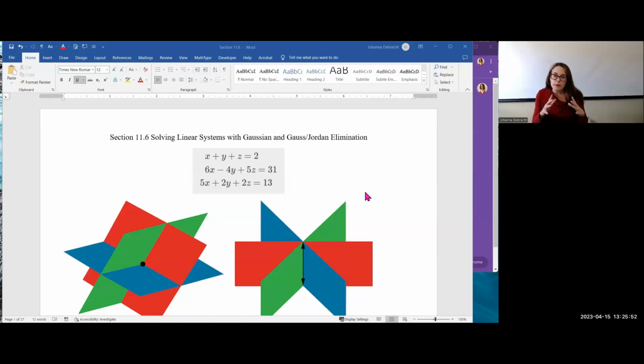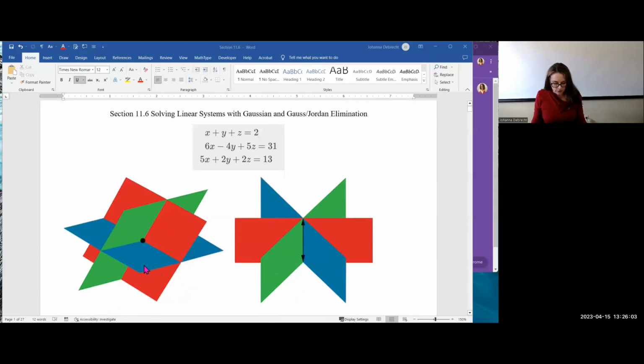When we have three planes in three-dimensional space, which is the space we live in, there are more possibilities than just those three. So let's take a look at the picture here, and let me try to describe what's happening. Now, this one on the left is not the way that I would normally orient this. If I were really going to orient this, I would turn it so that it was up.